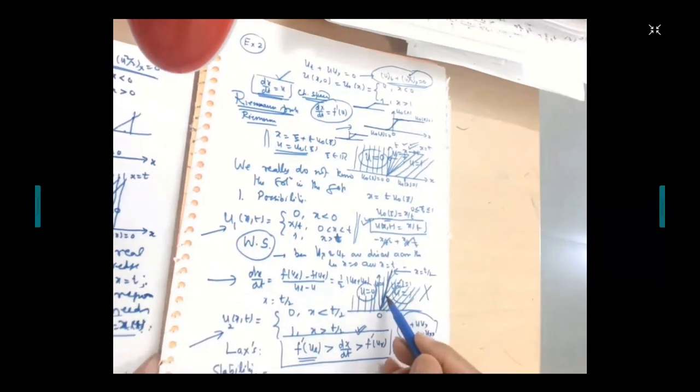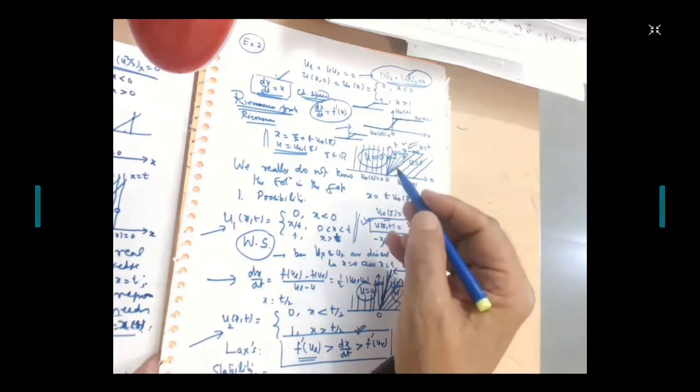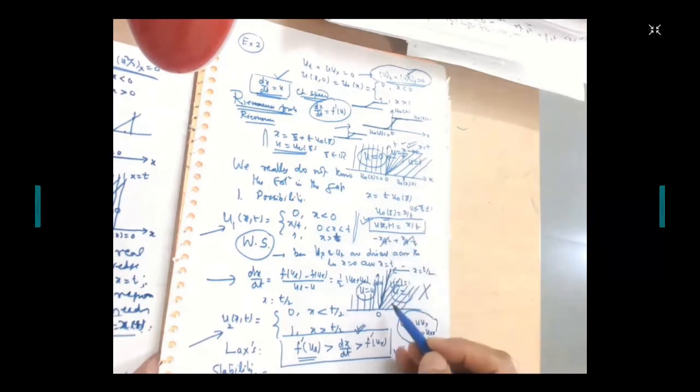Now look here, why we cannot introduce a discontinuity. It is very clear that on the left, u is equal to 0. On the right, u is equal to 1. So obviously we cannot introduce a discontinuity, because at a later time the solution would be somewhat like this.